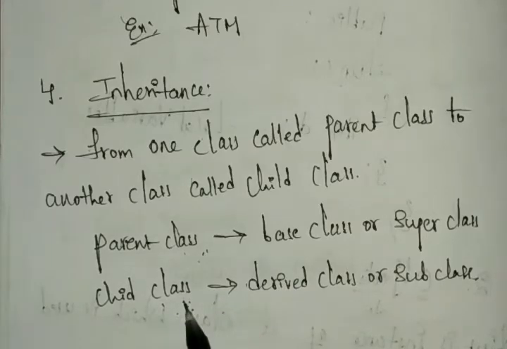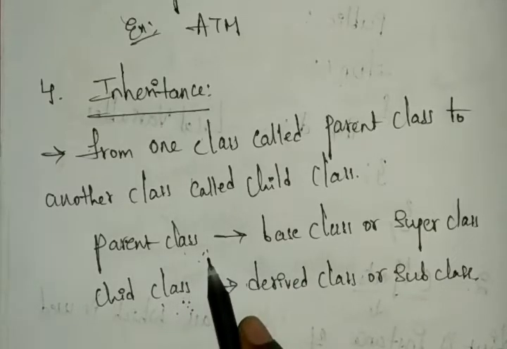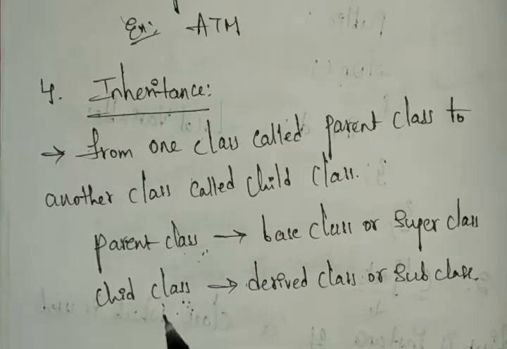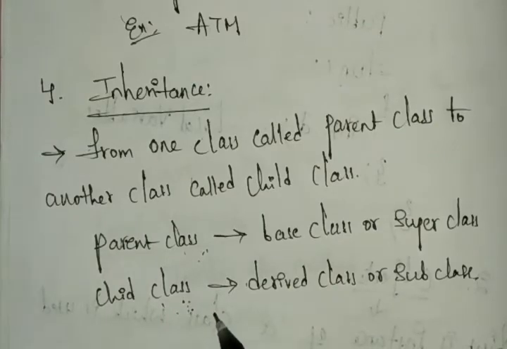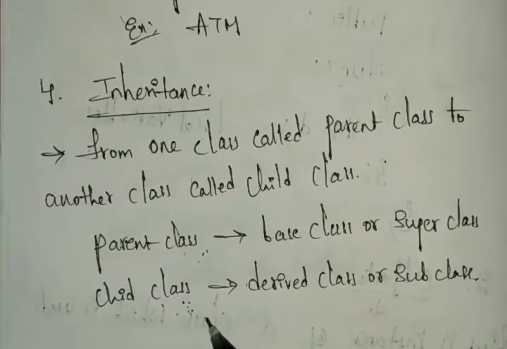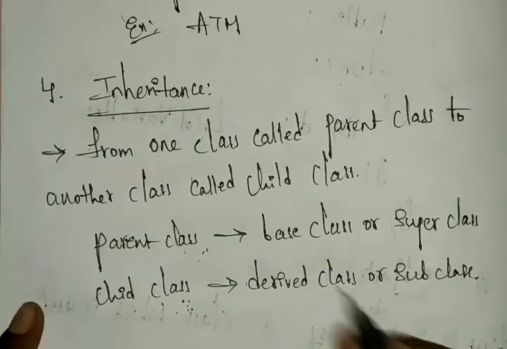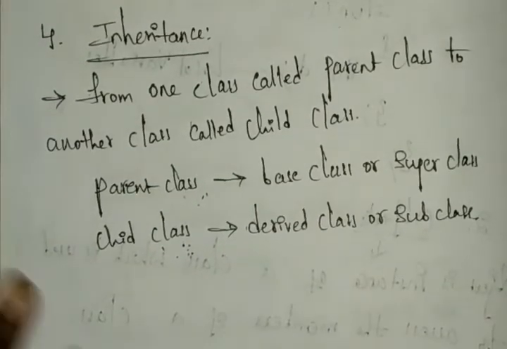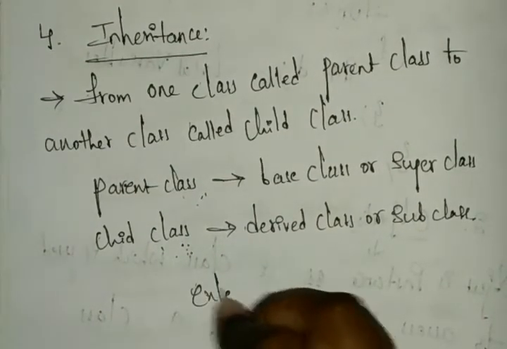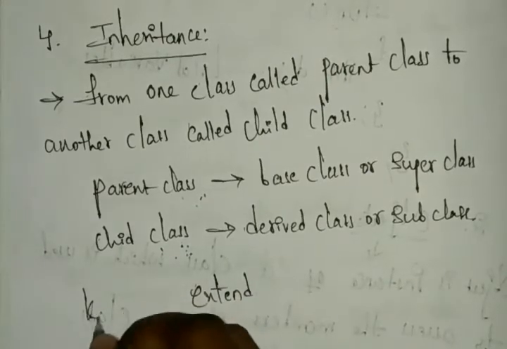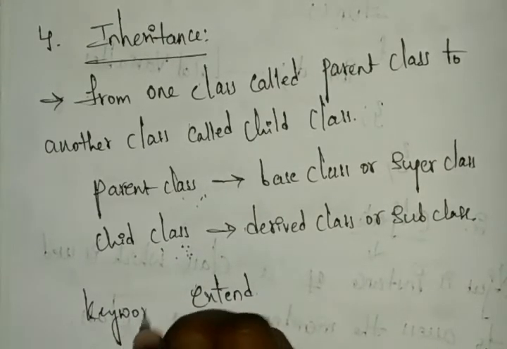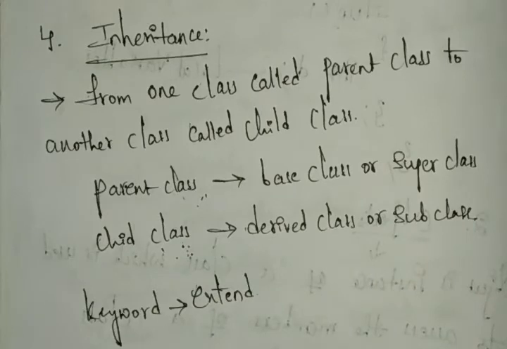It is always a dependency. The parent class is the independent class, and the child class is the dependent one. The child class acquires the properties of the parent class by using one keyword, that is the extends keyword.